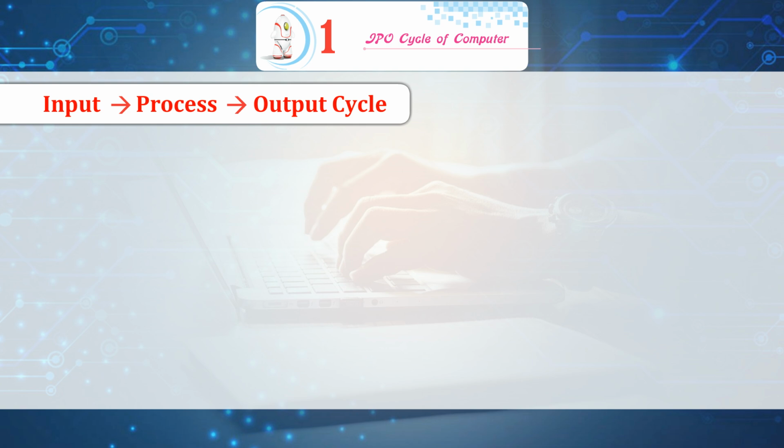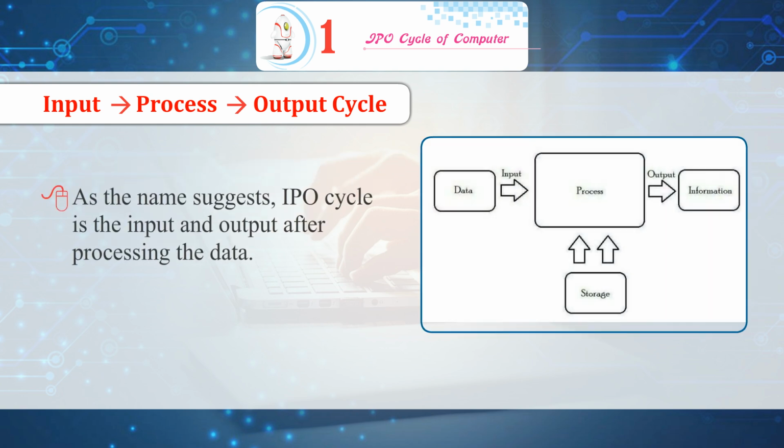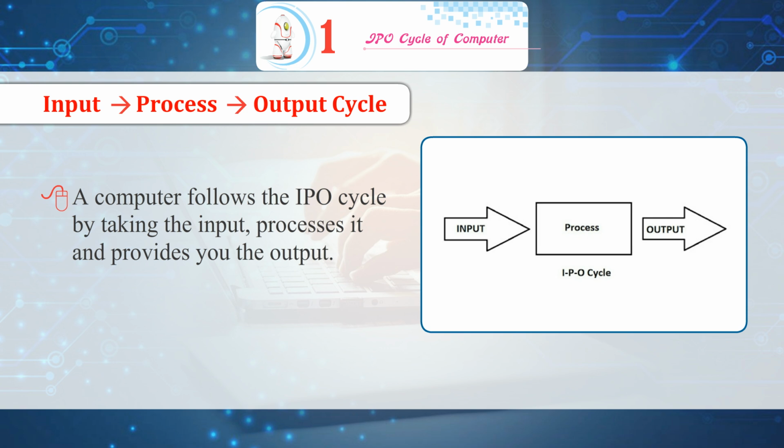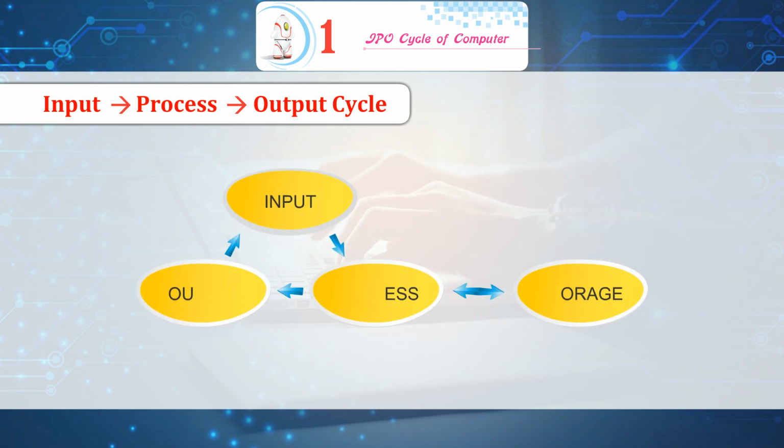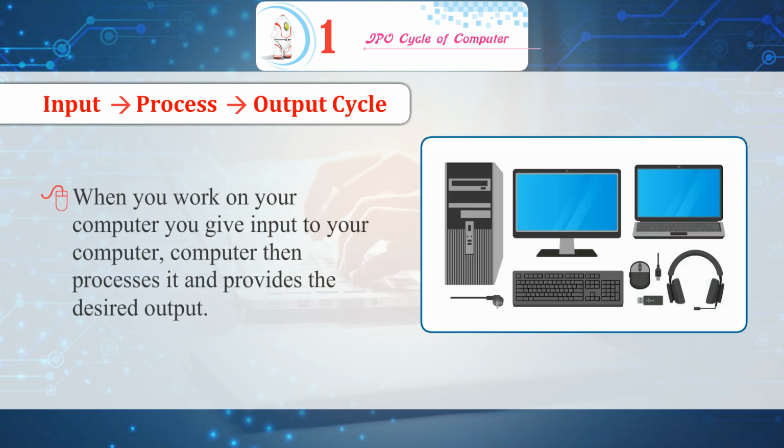Input, process, output cycle. As the name suggests, the IPO cycle is the input and output after processing the data. A computer follows the IPO cycle by taking the input, processing it, and providing you the output. Input, process, output, storage. When you work on your computer, you give input to your computer.